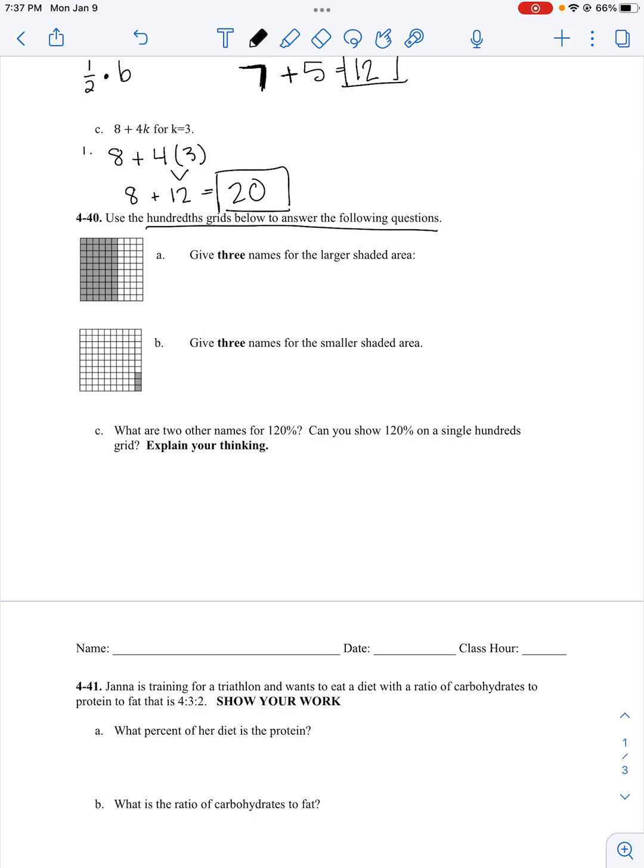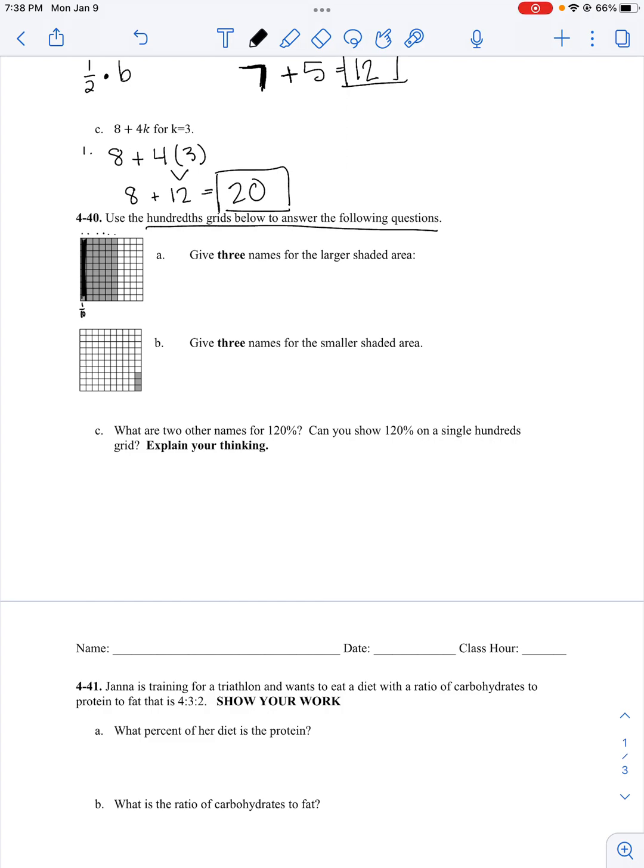Problem 40. Use the hundredths grids below to help answer the following questions. Part A, I need to give 3 names for the larger shaded area. Remember that 1 column is 1/10.